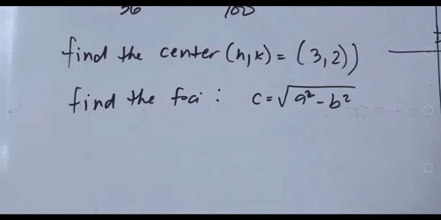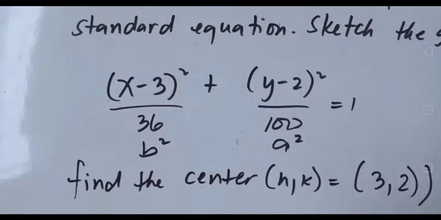In finding the foci, we have the formula c equals the square root of a squared minus b squared. Going back to our equation, the larger denominator stands for a squared and the lower denominator for b squared. Since 100 is the higher denominator, that will be our a squared, and the other one is our b squared, which is 36.